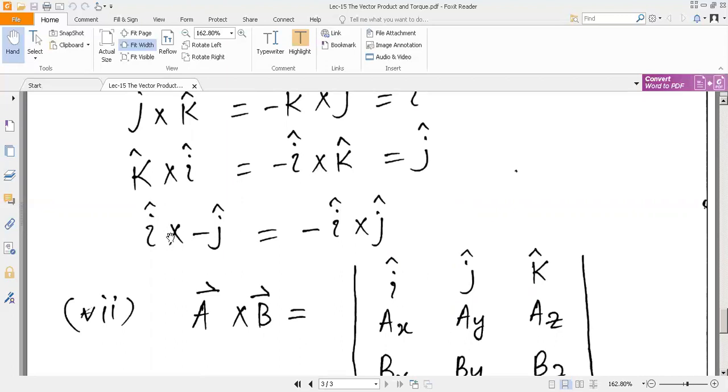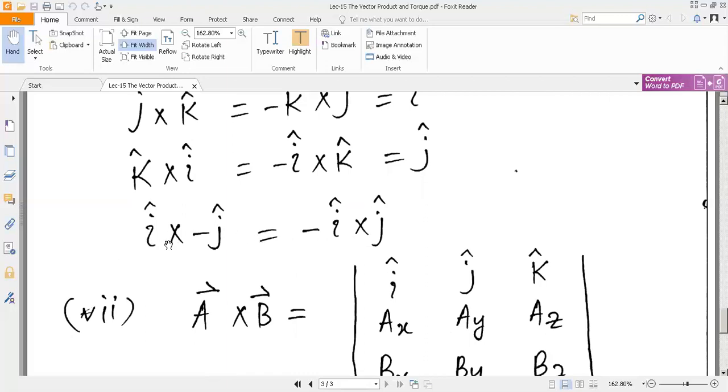And here, if I cross minus j is involving a negative sign which is attached with the second vector in the cross product, then this negative sign can be detached from here and expressed over here.